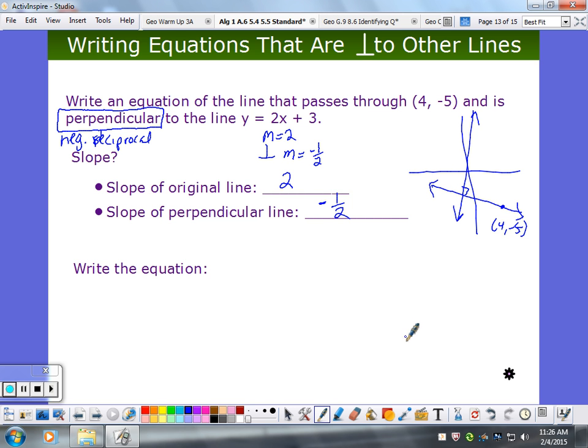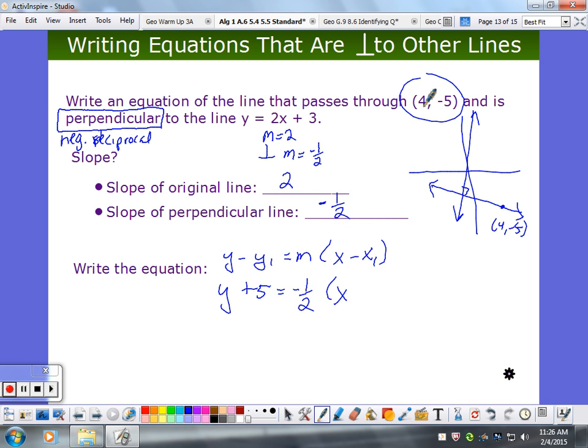Now I want to write an equation. I have a point and I have a slope. Point slope. Here's my point slope formula. I'm using point 4, -5. They're going to give you a point. So y minus -5 equals this slope, the perpendicular one, times x minus 4.